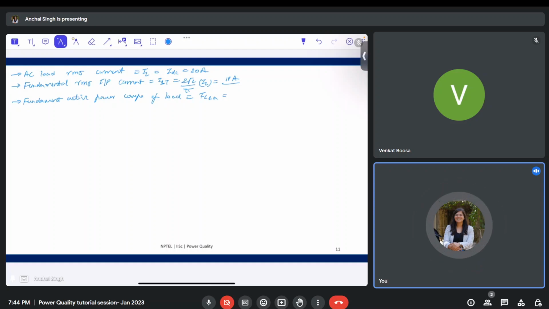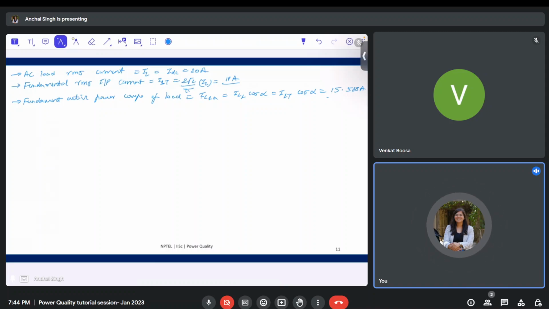This IL1A can be calculated as IL1 cos alpha, and IL1 we know it is given as I1T, and cos alpha is given as 30 degree. So this will come out to be 15.588 amperes.